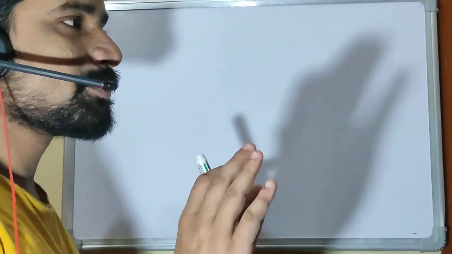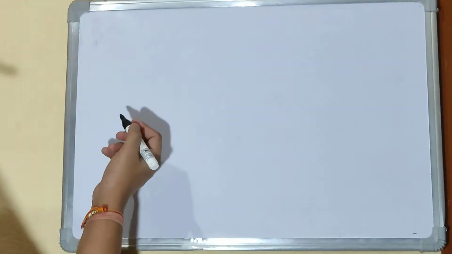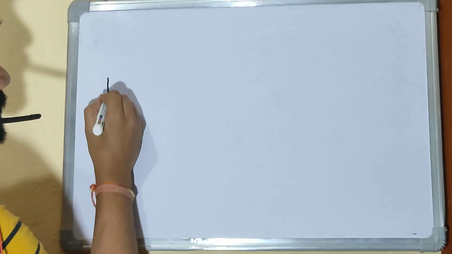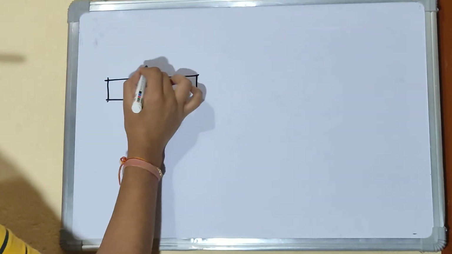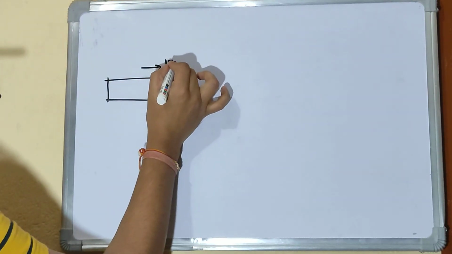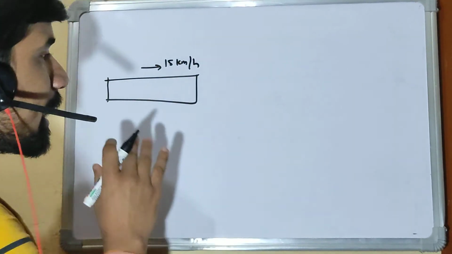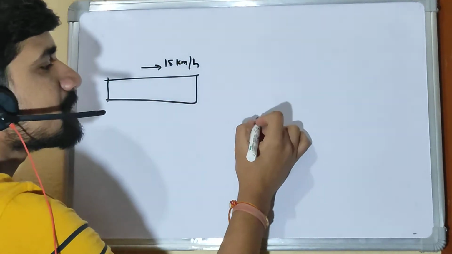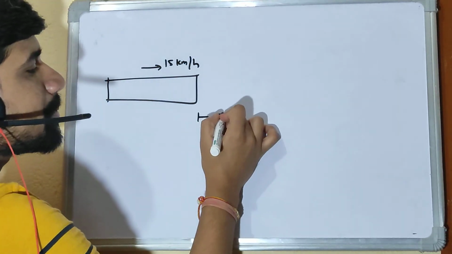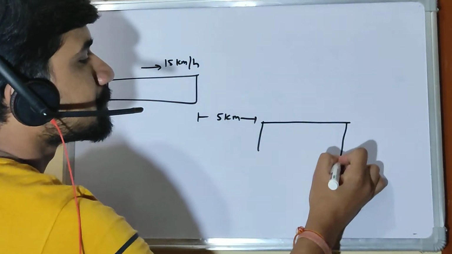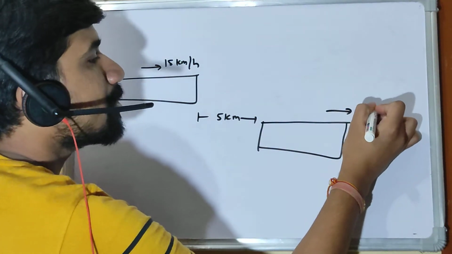So let's understand by one more scenario. Let's say there is a track, and there is a train which is moving at, let's say, 15 kilometer per hour. Simultaneously there is one more train which is some 5 kilometers away, and this is moving at, let's say, 10 kilometer per hour.